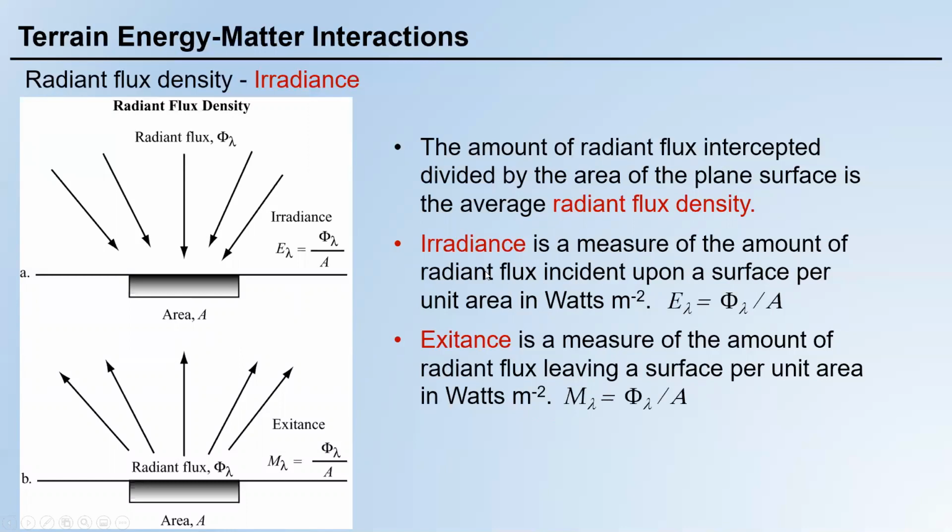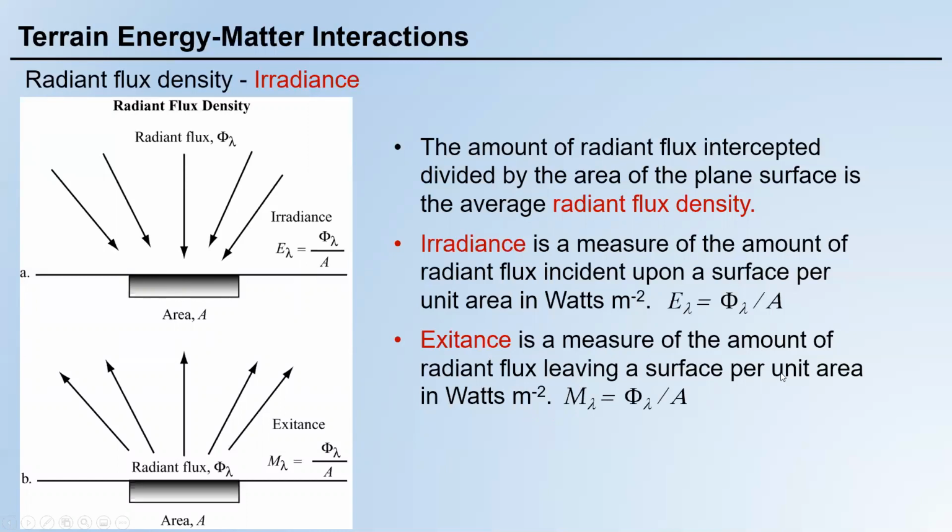So it is used to address the energy that arrives at a specific surface. Exitance is the opposite of irradiance, a measure of the amount of radiant flux leaving a surface per unit area.